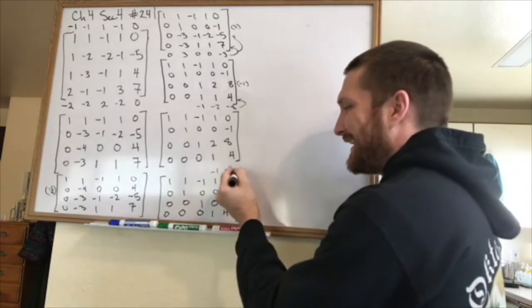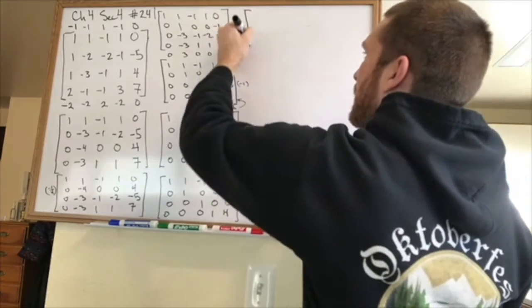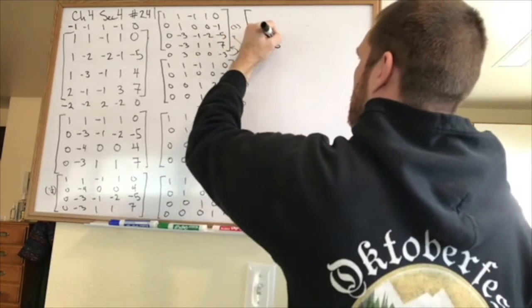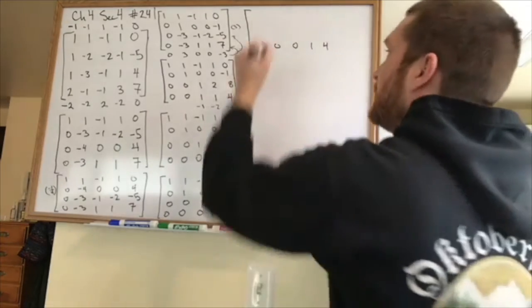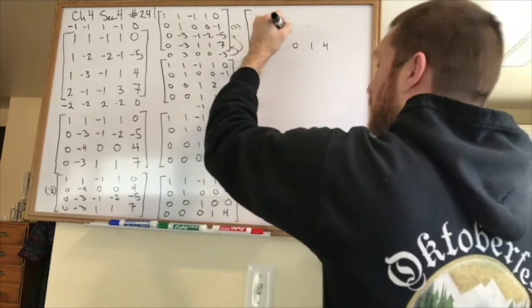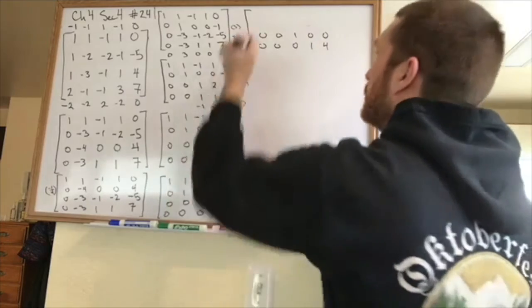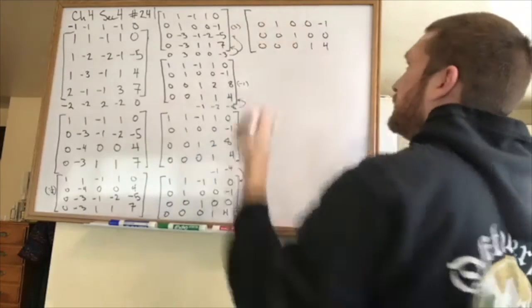Now I'm going to take that and add it to there. So I'm changing the top row and none of the others. So let's go ahead and write that bottom row. 0, 0, 0, 1, 4. 0, 0, 1, 0, 0. 0, 1, 0, 0, -1.